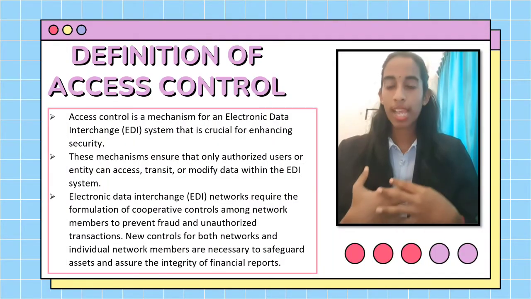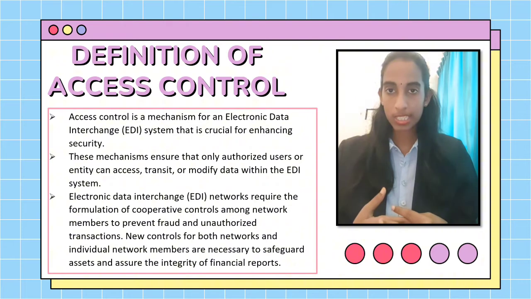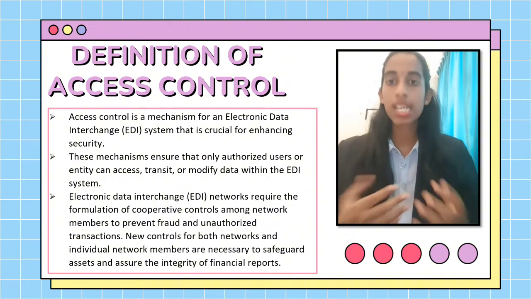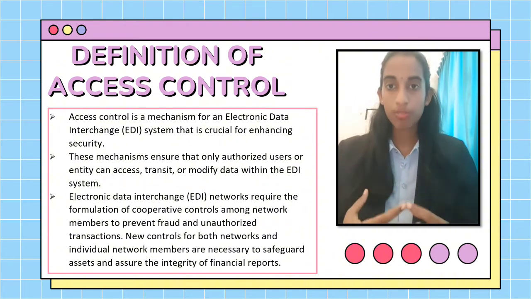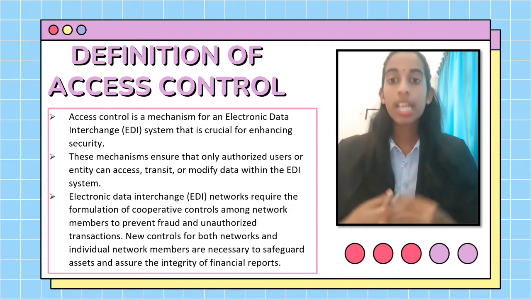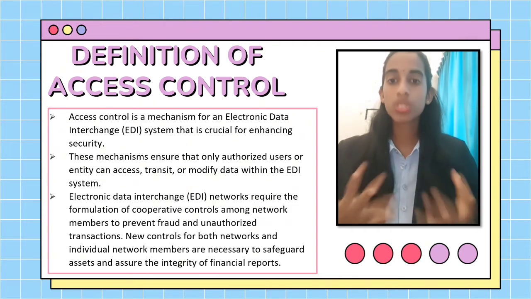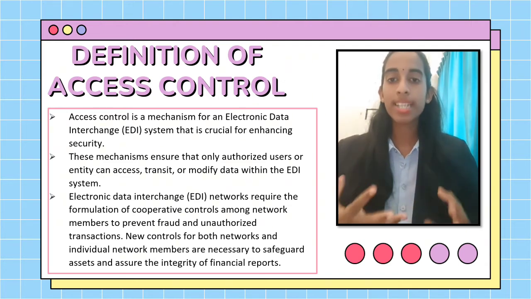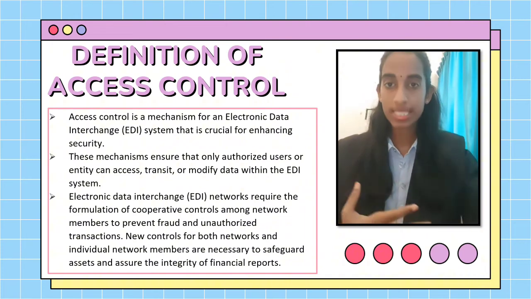Let me explain the definition of access control. It is a mechanism for an electronic data interchange system that is crucial for enhanced security. Therefore, this mechanism ensures that only an authorized user or entity can access, transmit or modify data within the electronic data interchange system.